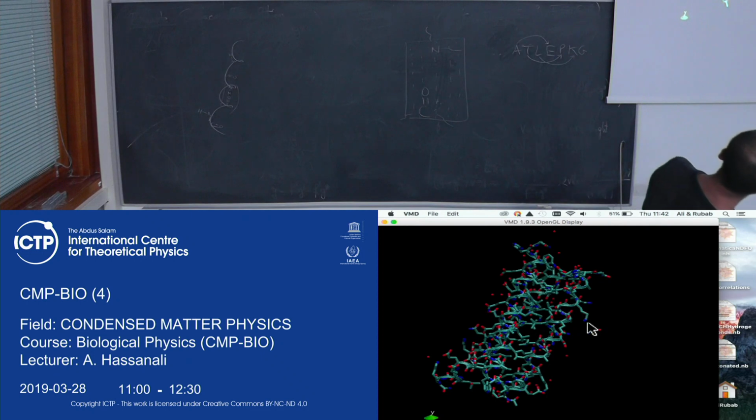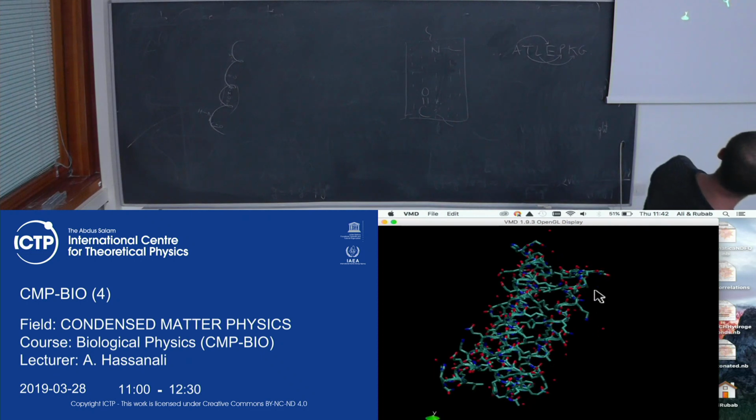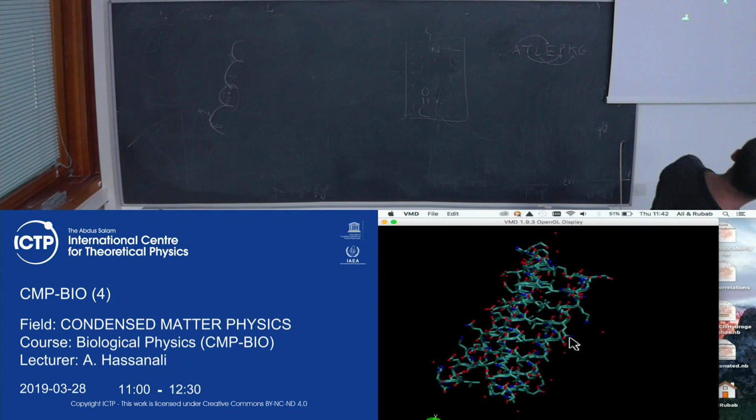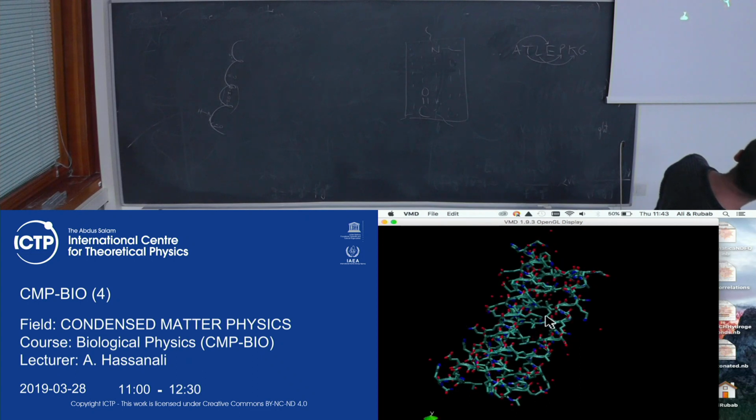Is there anything particular about R groups that are outside versus R groups that are inside? So this is an R group, a side chain. Let me try and highlight it more clearly so you can see it.